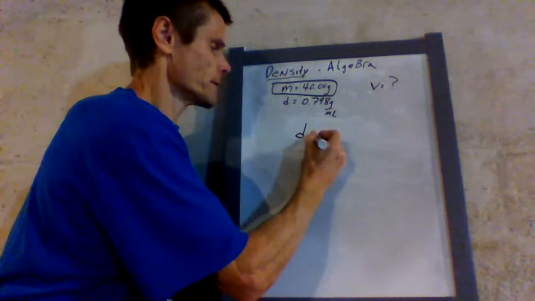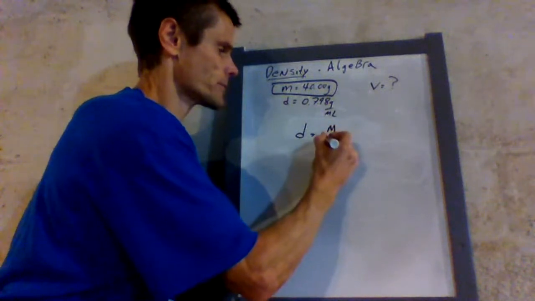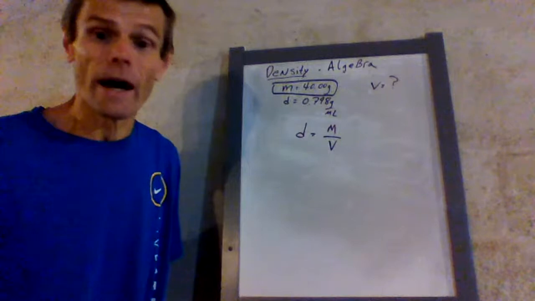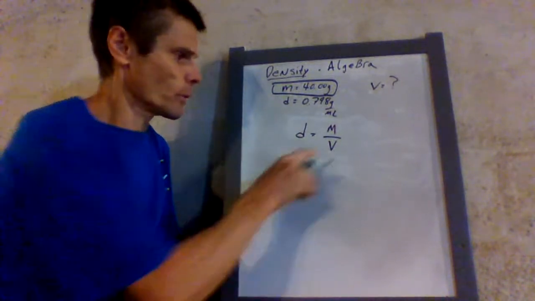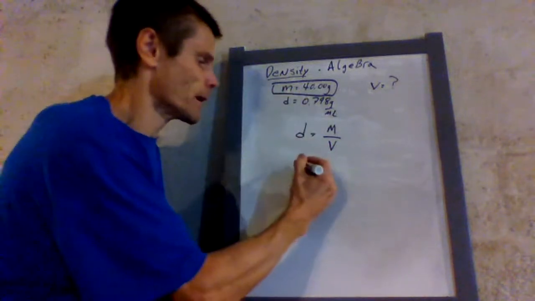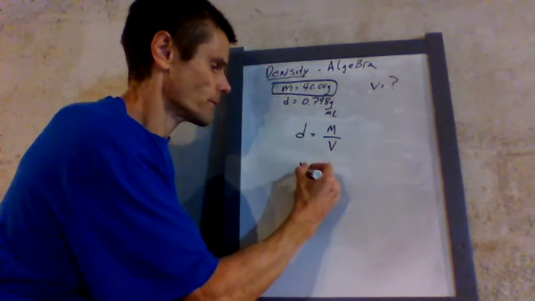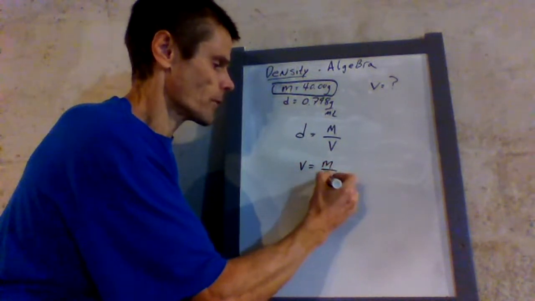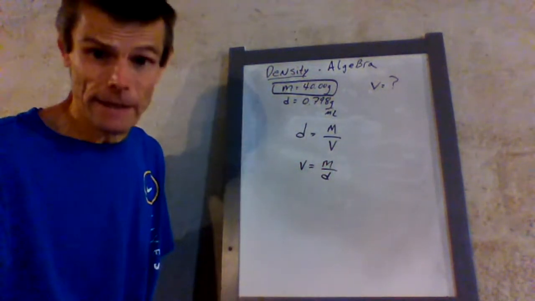D is our density. M is our mass. V is our volume that we don't know. We want to isolate what we don't know. We want to solve for volume. We're going to do one step of cross-multiplying through and dividing by density. We get an expression for our volume as mass divided by density.